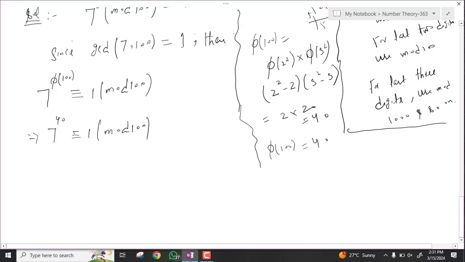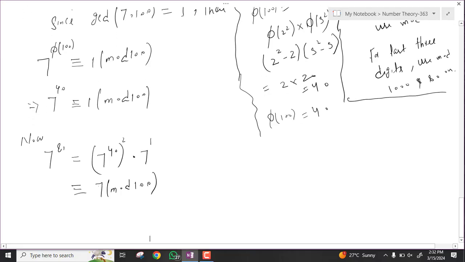Now we have to find 7 power 81. 7 power 81 equals 7 power 40 squared, which is 80, but we need 81, so into 7 power 1. So 7 power 81 equals 7 power 40 squared into 7. Since 7 power 40 is congruent to 1 modulo 100, this is congruent to 1 into 7, that is 07 modulo 100.